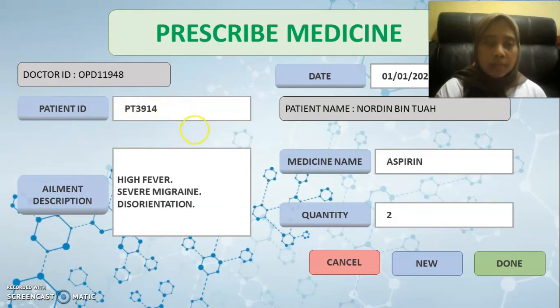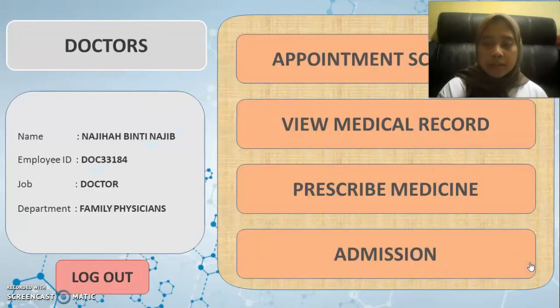After I put the patient ID here, the date that this prescribed medicine is issued and the name of the patient, Northern Bentua, appear. Ailment description: Northern Bentua has high fever, severe migraine, disorientation. This doctor will give the medicine. Name is aspirin and quantity is 2. Now I will click done here.